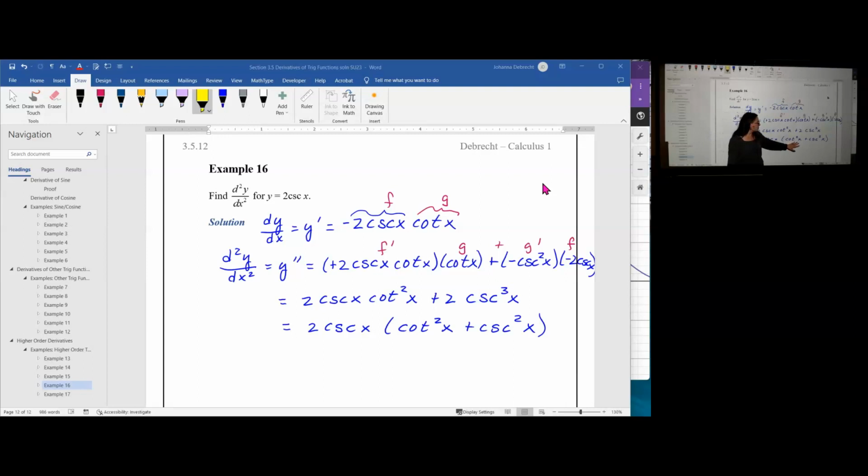Then I noticed I had cotangent squared plus cosecant squared. With tangent and secant, cotangent and cosecant, I have to have opposite signs to be the Pythagorean identity, which told me I needed to stop. It wasn't going to get simpler. You could either leave it in one of the 2 forms written here.